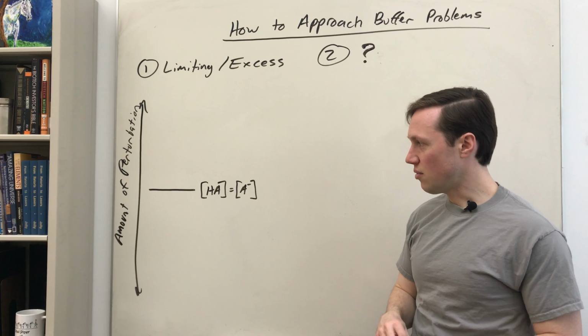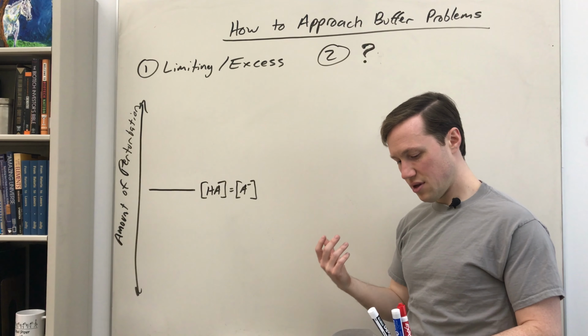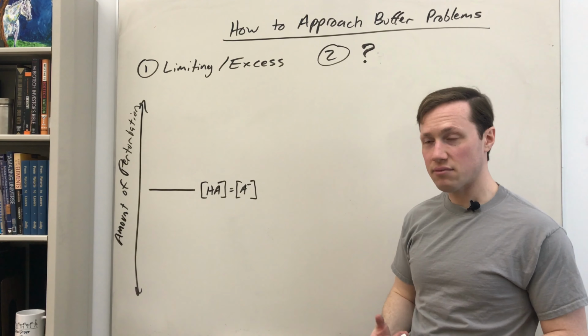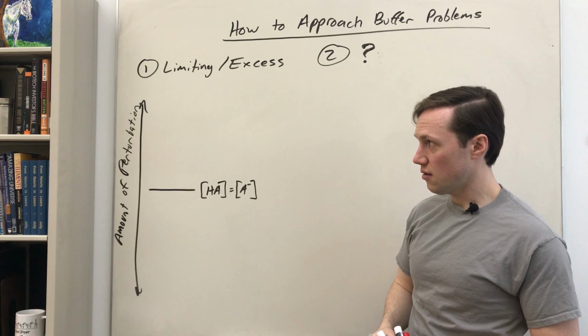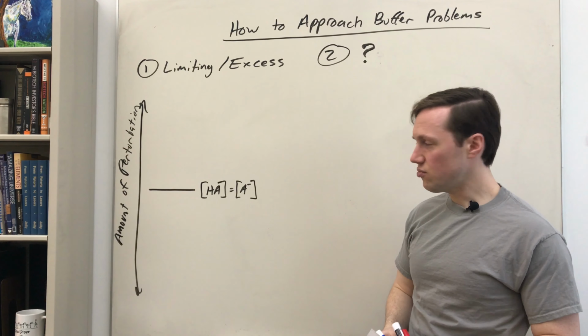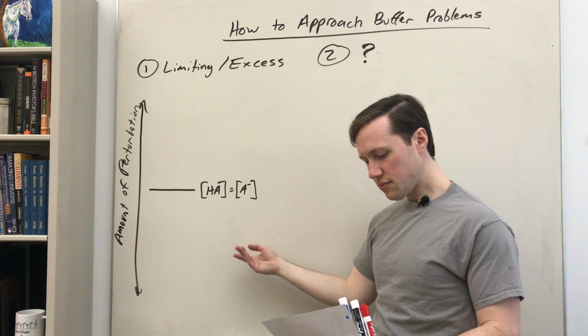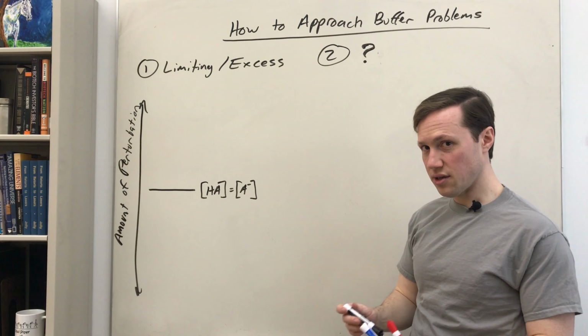Now, if we were to add some amount of acid to our solution, we would be lowering the pH. Now, as we do so, we are consuming our conjugate base.